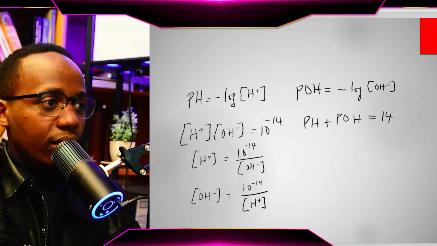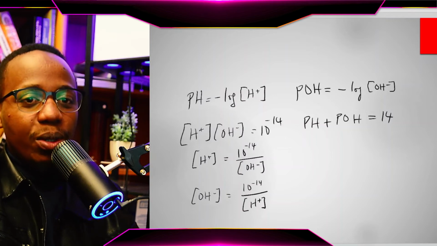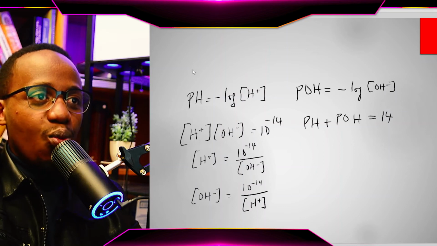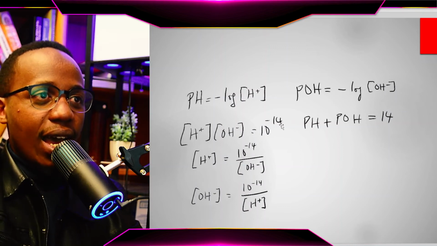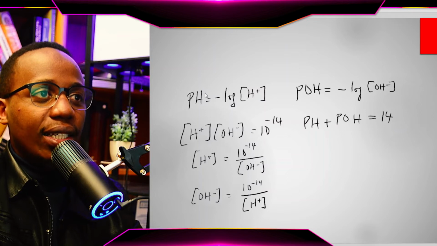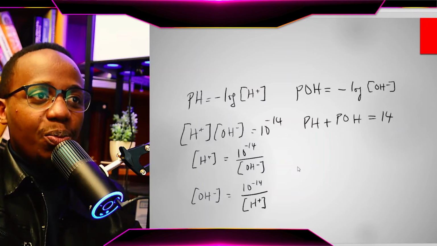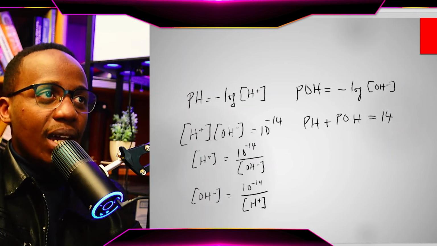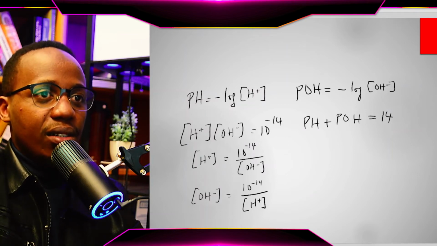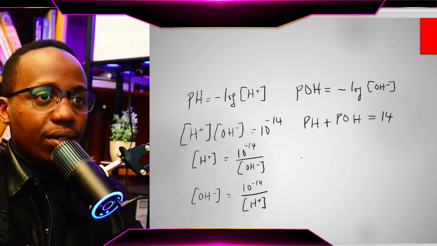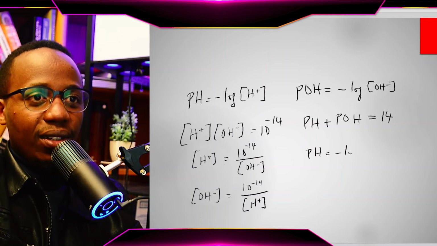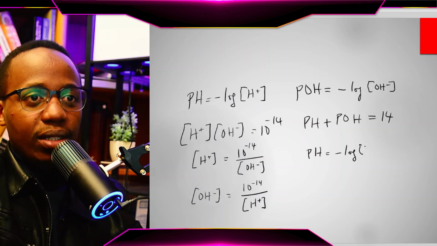Another really cool formula that we use is, what if I gave you pH and I asked you to calculate the H plus concentration? Sometimes you're given a pH, and let's say pH is equal to negative log of H plus.